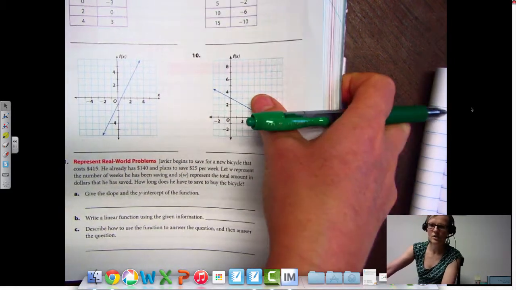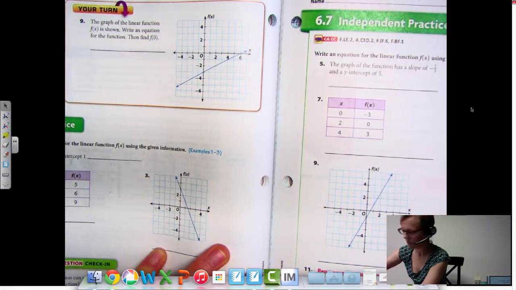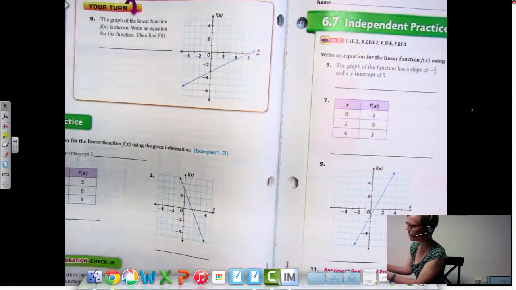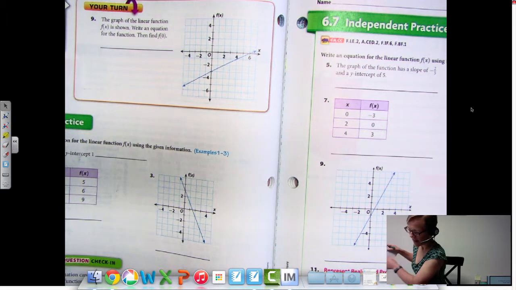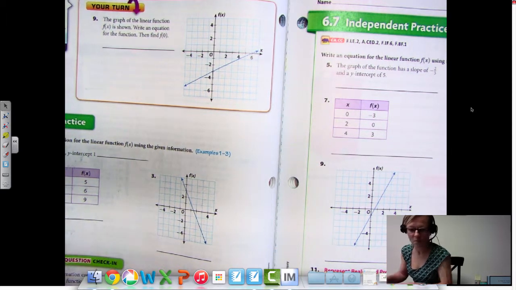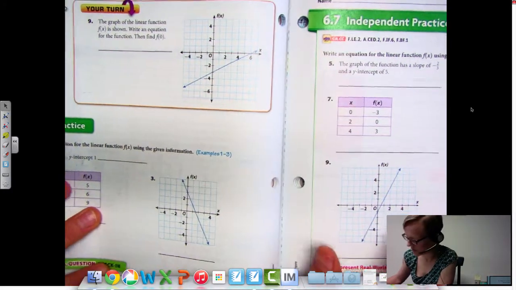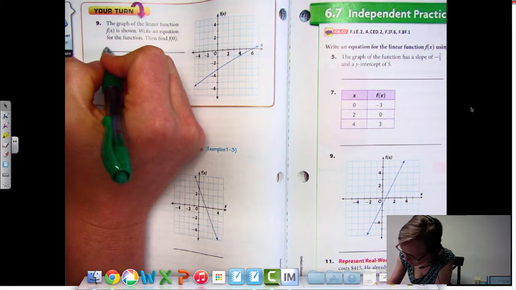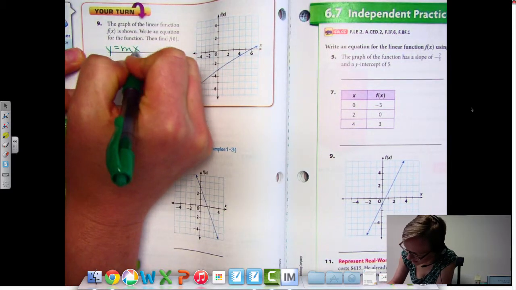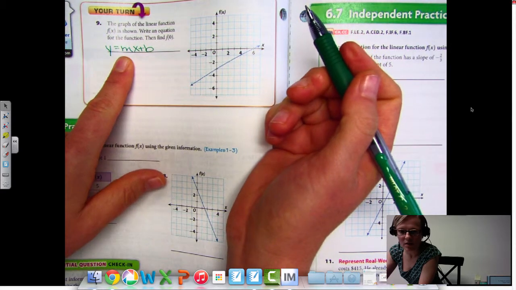Now, your turn back here on page 204. The simple way to do this problem would be to just read the numbers off of the graph. So the simple way, y equals mx plus b, I can count my slope.